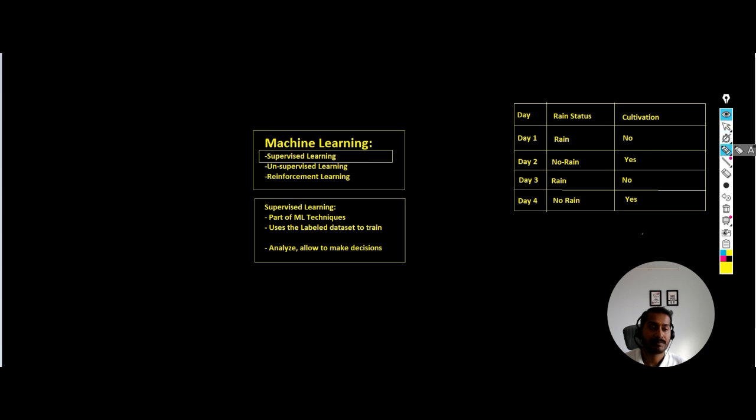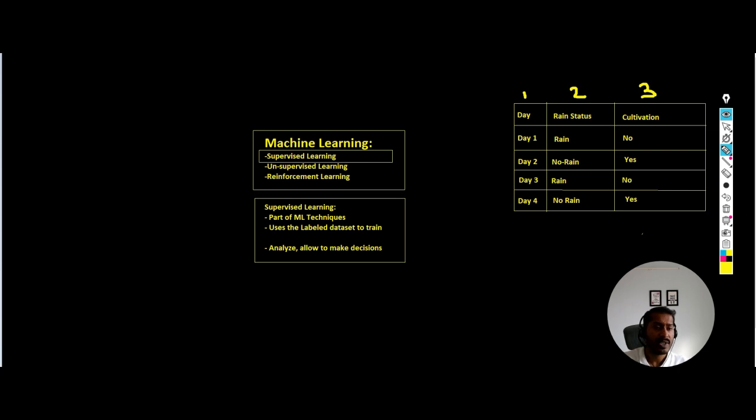So here we have taken one table. The first column is talking about the day, the second column is talking about the rain status, and the third column is talking about the cultivation for the farmer, that farmer should go for the cultivation or not.